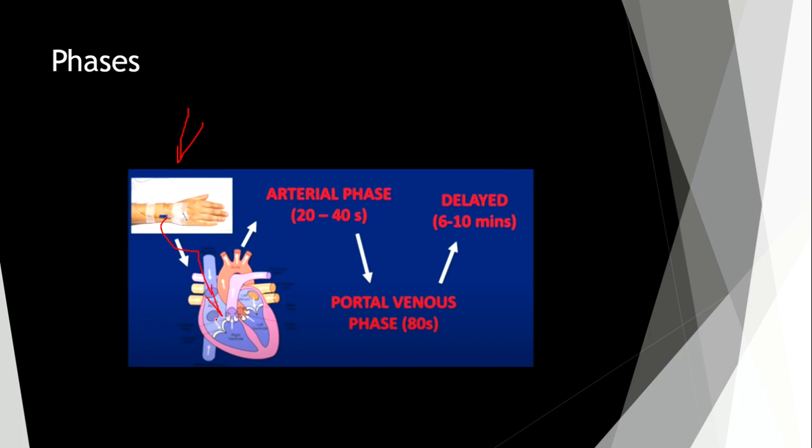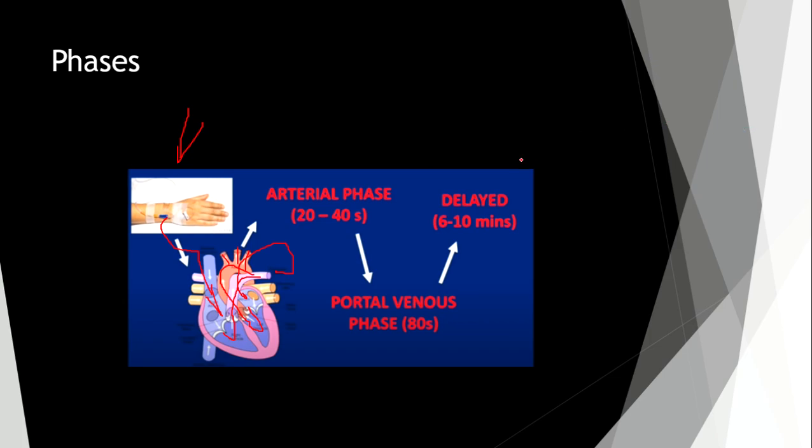It goes to the right atrium, left atrium, to the lungs. From the lungs, it goes to the left atrium, and then it goes to the left ventricle and to the aorta and to the different veins.